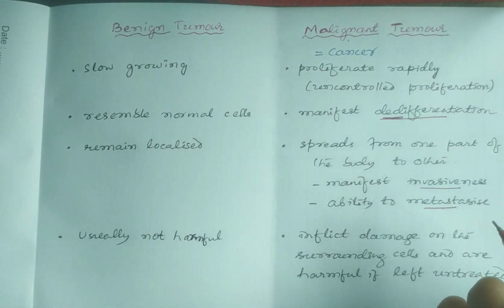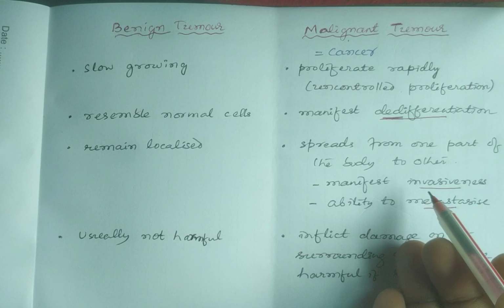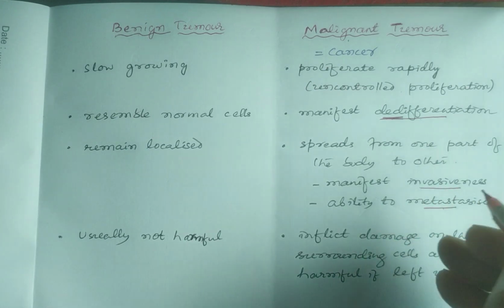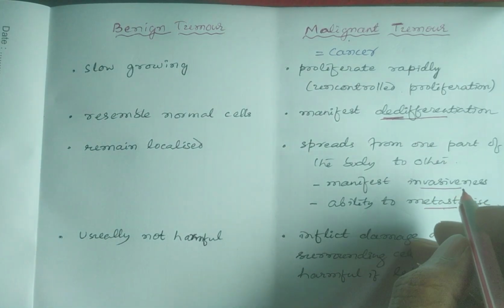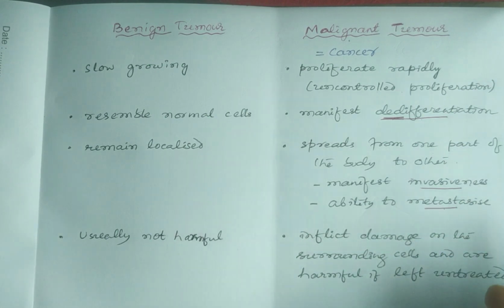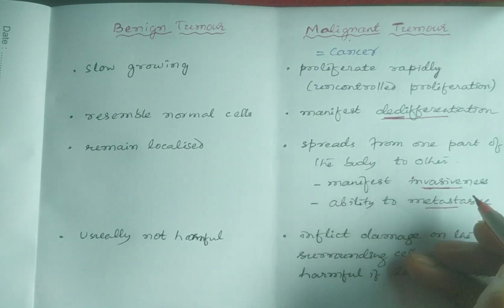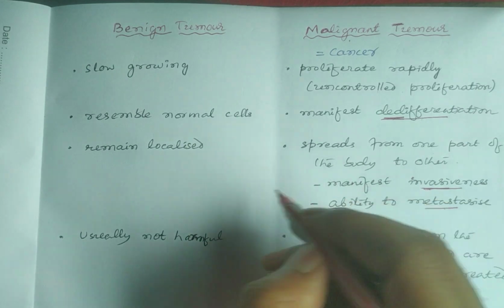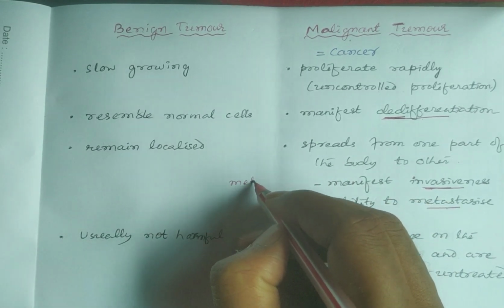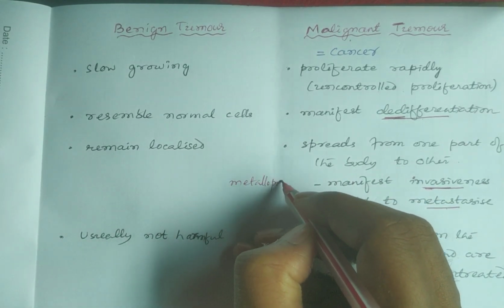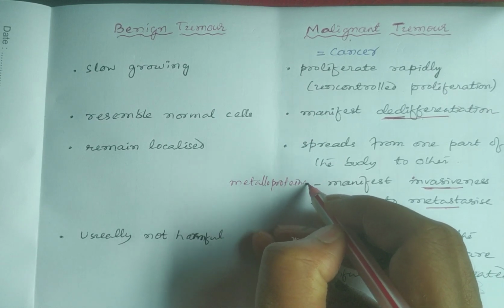For example, cells of the rectum can spread to the nearby, say, pelvis, and the pelvic organs are invaded. That process is called invasiveness. This invasion occurs because of development of an enzyme called metalloproteinase, which dissolves the matrix.